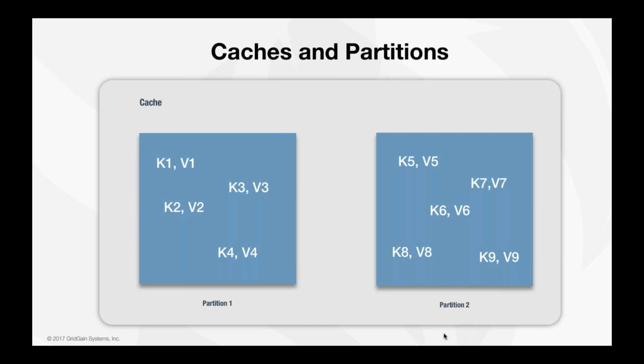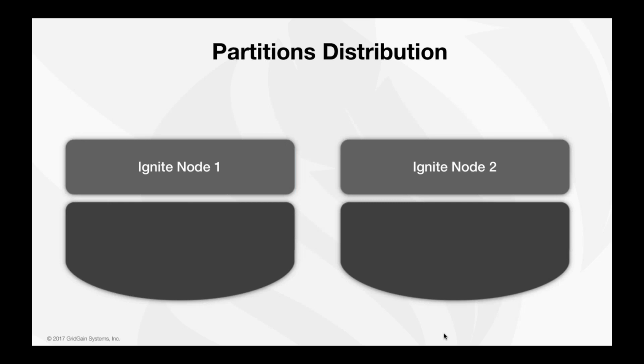Depending on how we've configured our cluster, we may have backups of these partitions as well. We'll look at that very shortly. So we can create a primary copy, and we can have a backup copy or multiple backup copies. The way that these partitions are distributed here, we've got two nodes again.